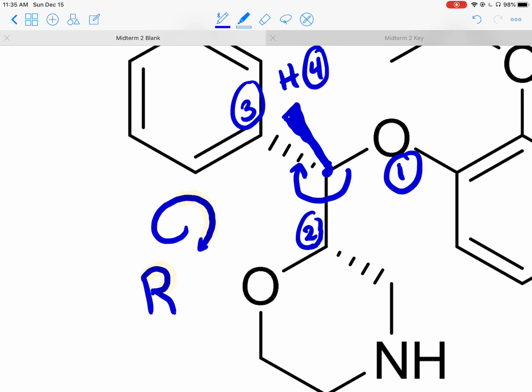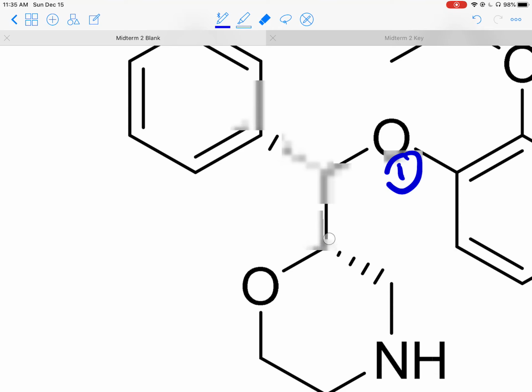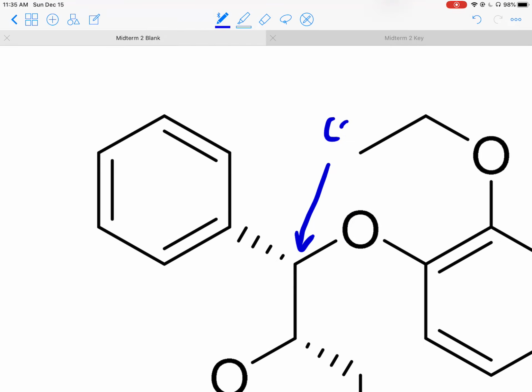And so that would be an R, but like we said, the fourth priority is in the front, so we're going to say it's the opposite, so that's an S. Okay, we have to figure out the stereochemistry of this next carbon, so let's just draw on the S again, because we don't want all of that priority to get in the way. So again, we just determined that this one is an S.